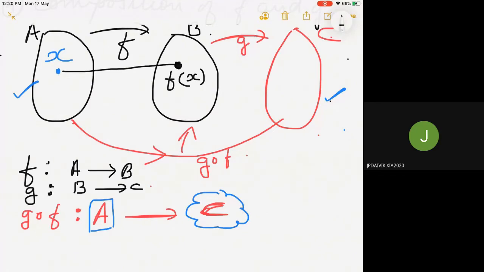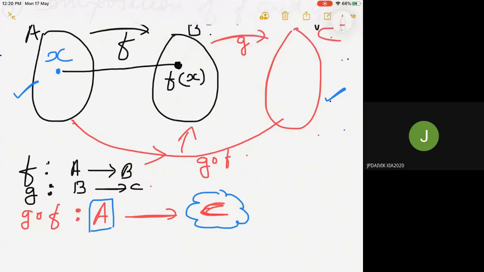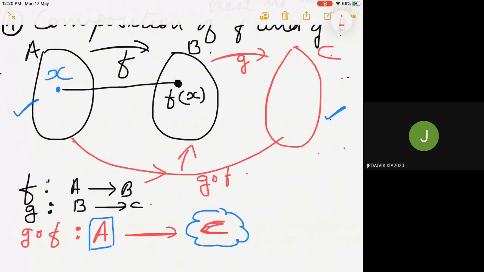Now g is a function from B to C. When g is a function from B to C, every element of B should have a unique image. So definitely this element also has an image here.